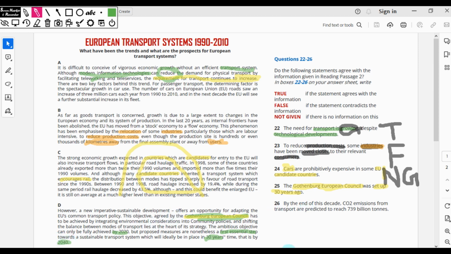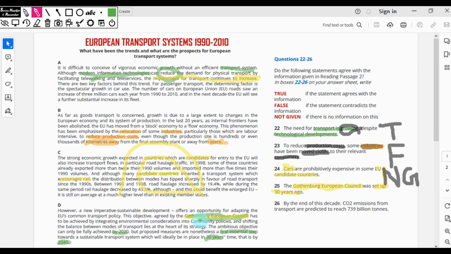So in the case of question number 25, there is no information about the council being set up 30 years ago, but the passage says 30 years time. There is no information of setup. The question says the European Council was set up 30 years ago.